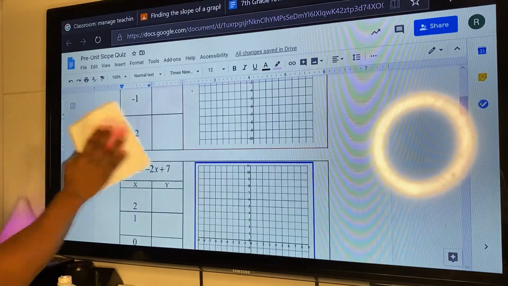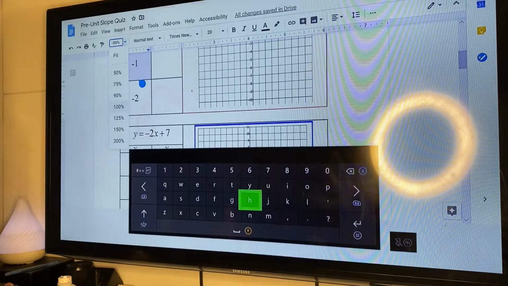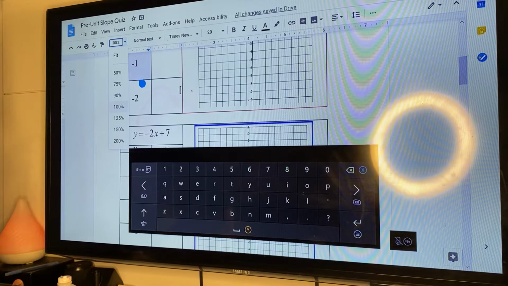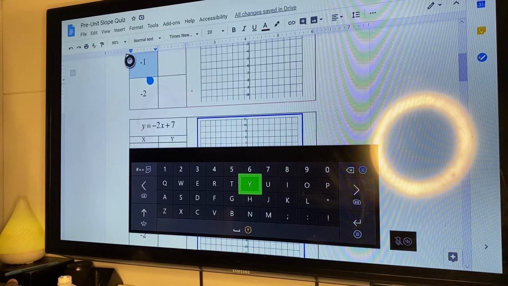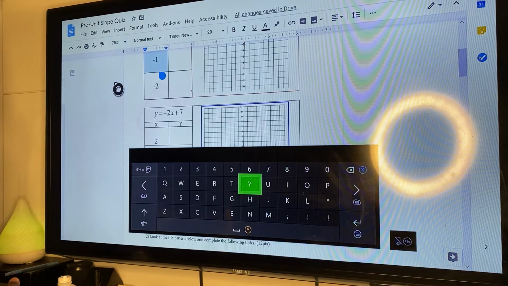So here, my table, if I can minimize this, put it at 90, maybe 75. Good.